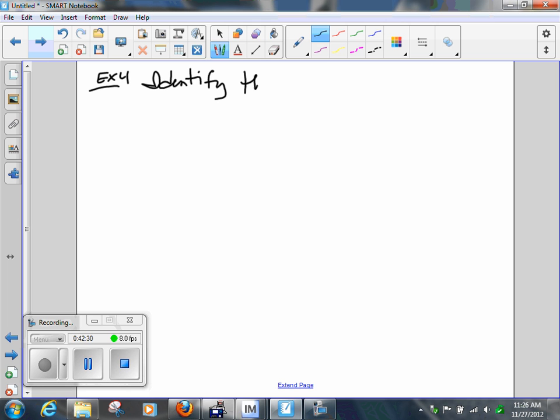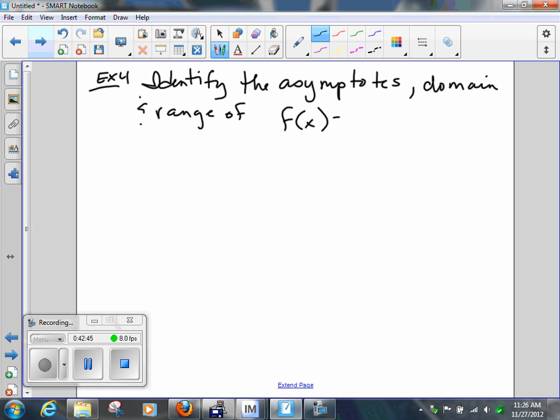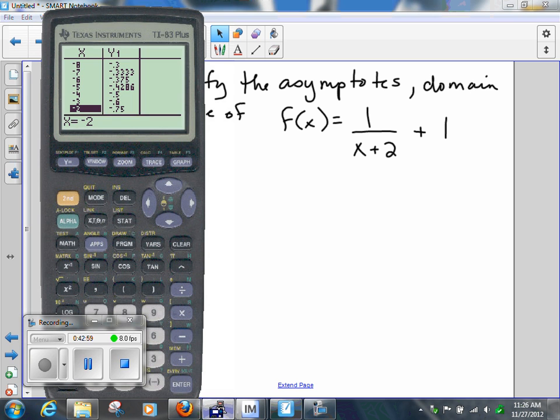Identify the asymptotes, domain and range of f of x is equal to 1 over x plus 2, plus 1. Folks, go straight to the calculator for this. Okay?